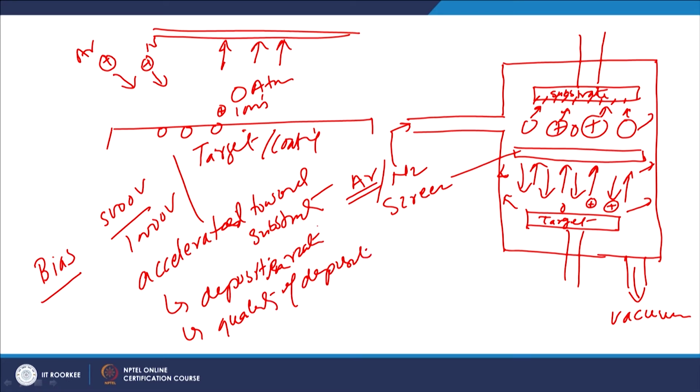In general, increase in the bias will be increasing the deposition rate as well as the bonding of the material which is being deposited with the substrate.